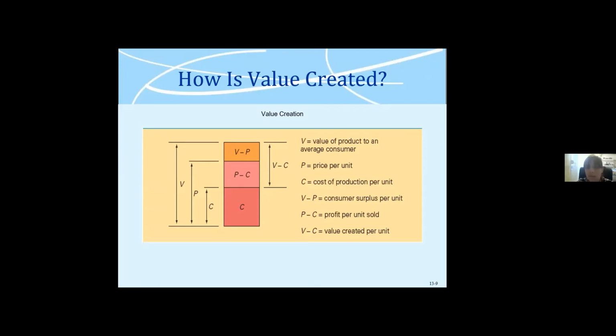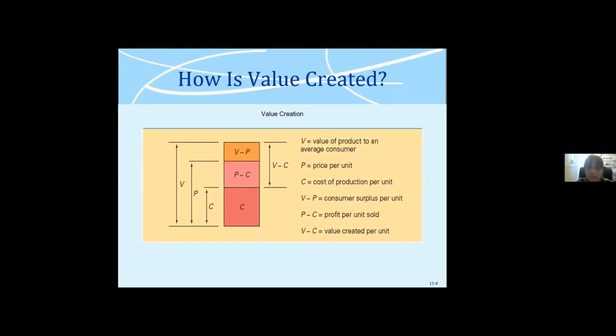The firm's value creation is usually measured by the difference between the value and the cost, so V and C. A company creates value by converting inputs that cost C into a product on which customers place a value of V.